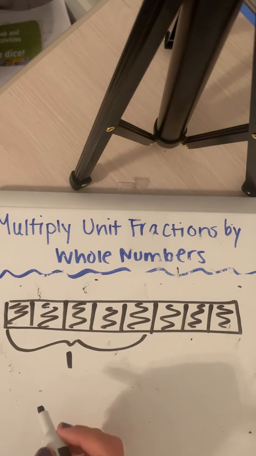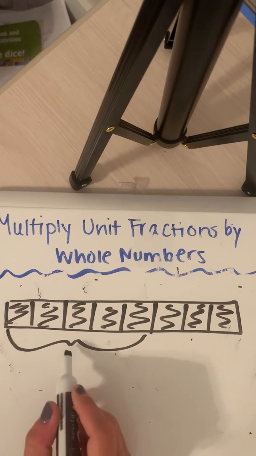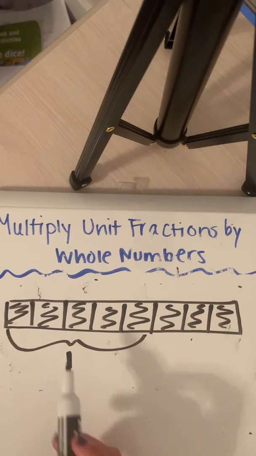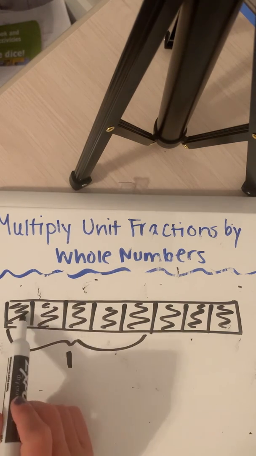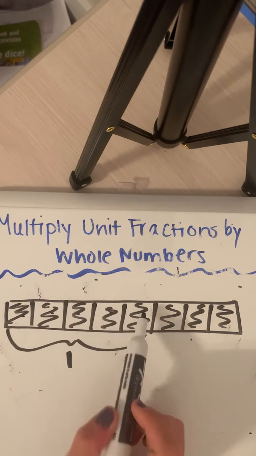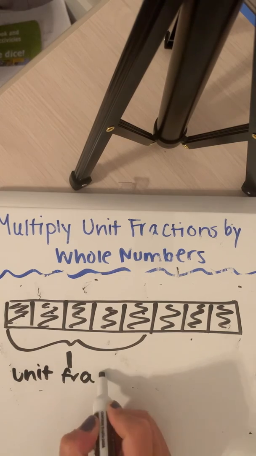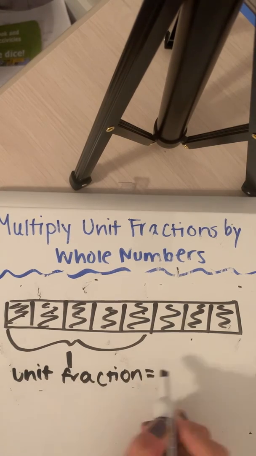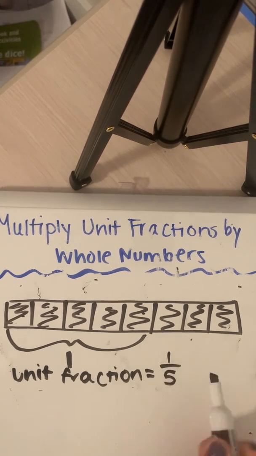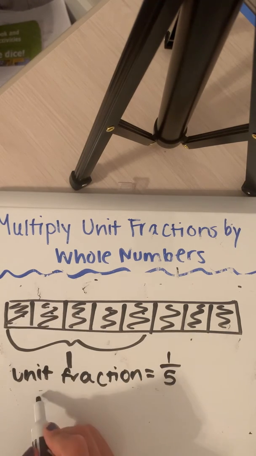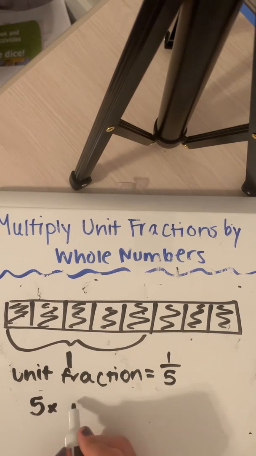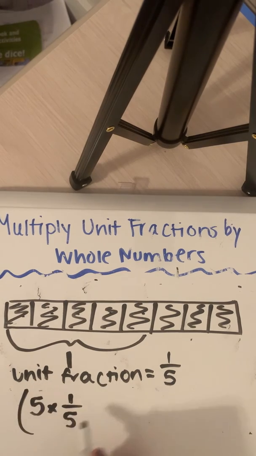If I were going to solve this one, I would say, okay, my whole is 1, 2, 3, 4, 5, so I know that my unit fraction is 1/5. In my first part, I have 5 times 1/5.